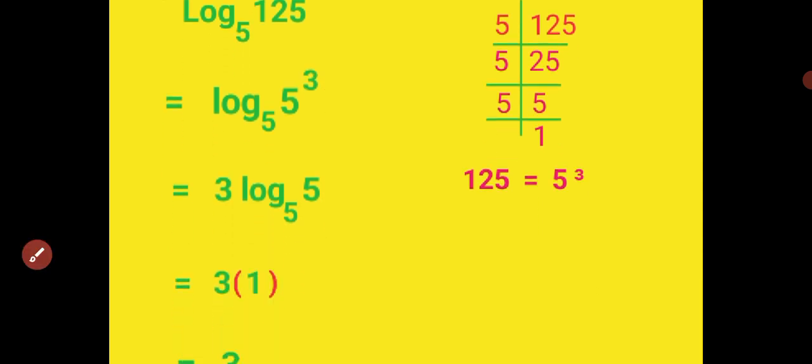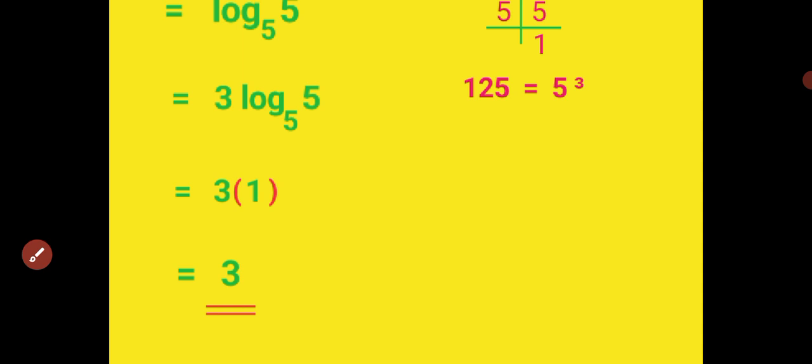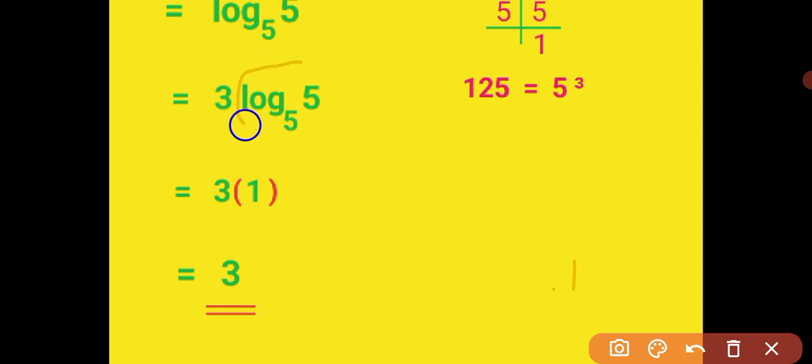So log to base 5 of 5 is the same as 1, since the base is the same as this number. So we can open the bracket by multiplying 3 times 1, which gives 3. So that is for part C.